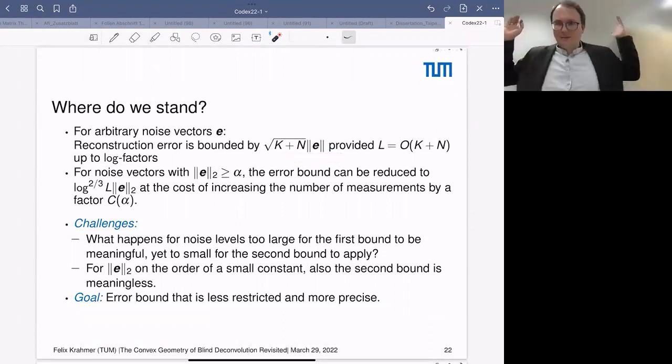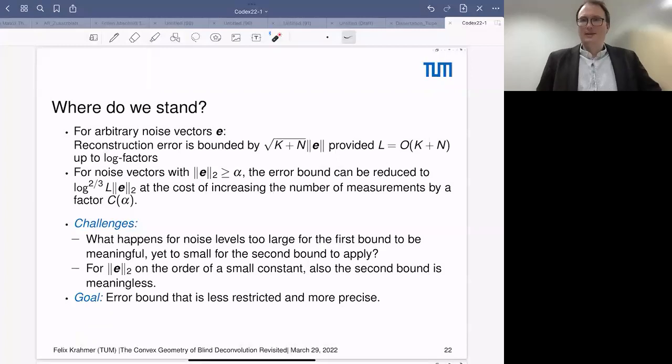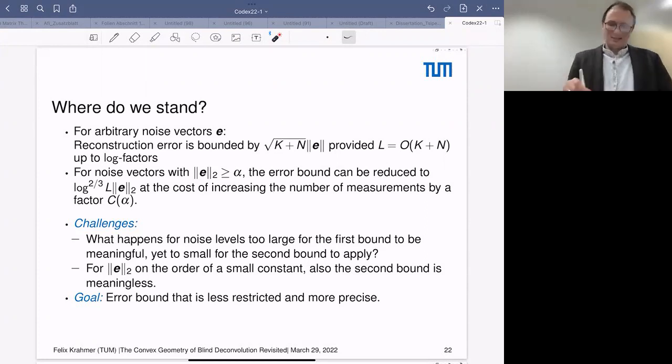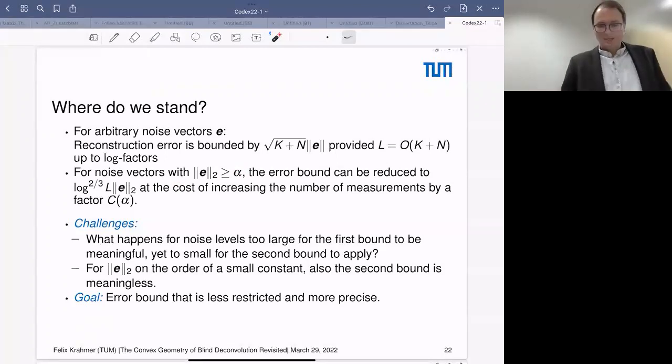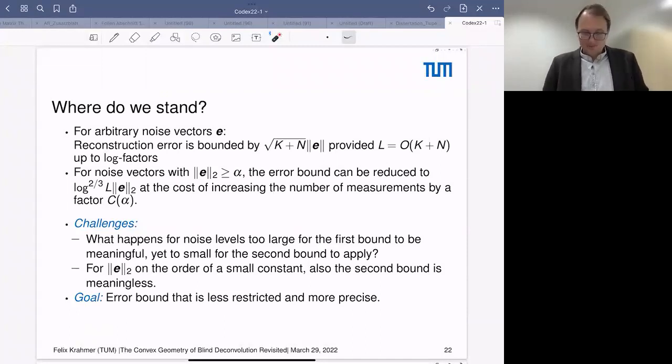It could just be that you have something that's scaled badly in dimension, and then you basically can't say anything about the reconstruction quality, but yet at the same time not too small for the second bound to apply. That's why we require the alpha, and so that's why there's some intermediate regime. In particular, if we think of the noise level to be a small constant, then also the second bound is meaningless, right? So we have now improved the dimension.